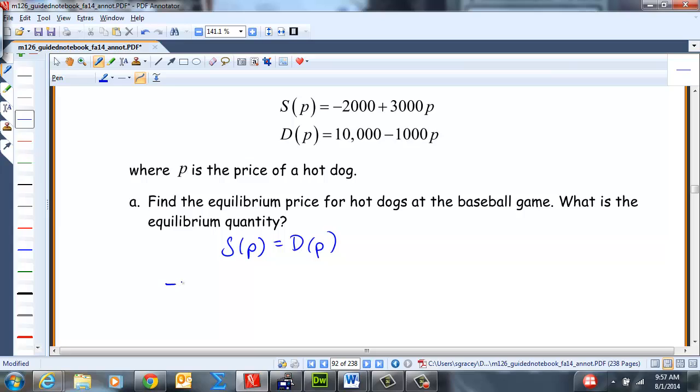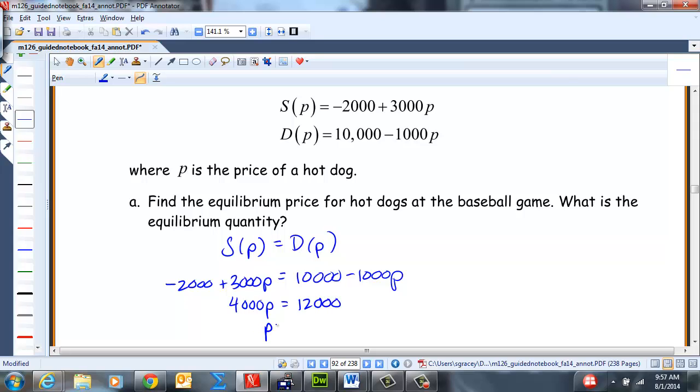So that would give us negative 2,000 plus 3,000 P is equal to 10,000 minus 1,000 times P. So if I add 1,000 P to both sides, I get 4,000 P. And if I add 2,000 to both sides, I get 12,000.